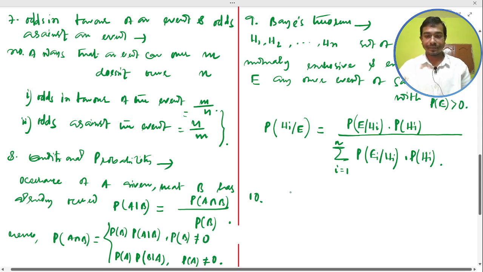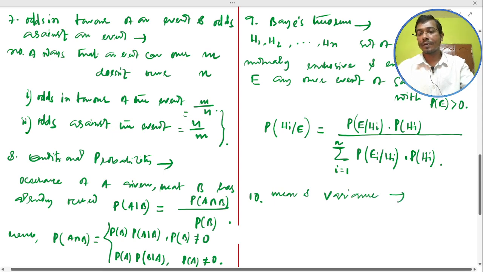Next, number 10. Mean and variance of a random variable. Mean of the random variable x, written E of x, is equal to summation i from 1 to n of Pi xi.